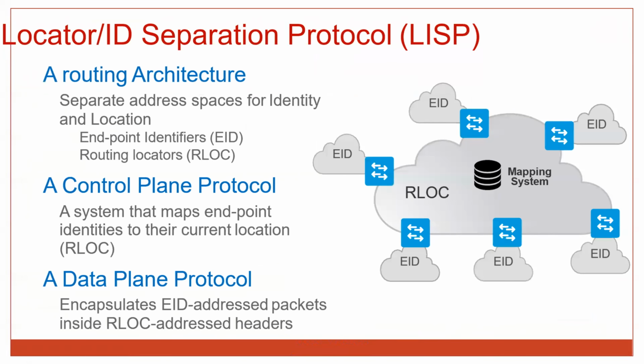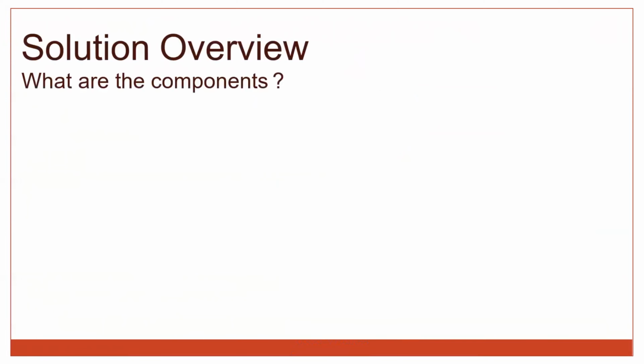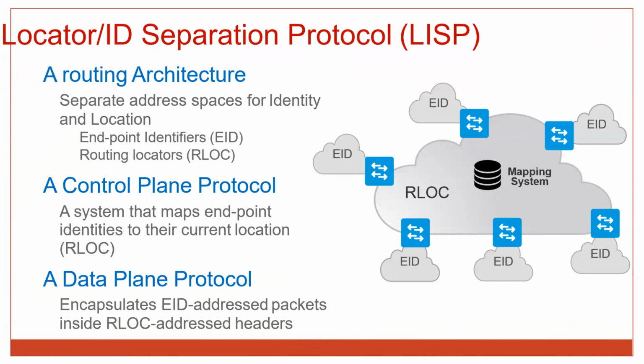Yeah, this one right here. So you have your mapping system, you have your endpoint identifier and you have your routing locator. Is this mapping system like a database, or is it just like a router, or is it virtual?